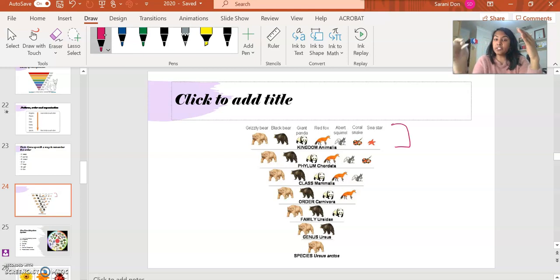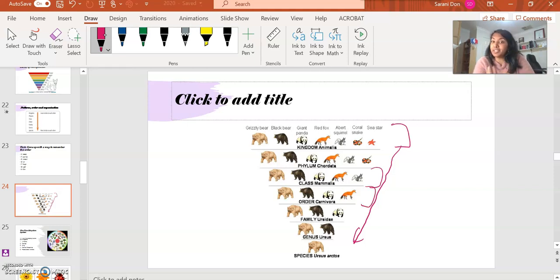As you go further and further down, do you notice that it's becoming more and more specific in terms of animals that have similarities with them? For example, the starfish and the snake are the first to disappear, because the grizzly bear, black bear, and giant panda seem more similar than the others. So it goes to kingdom Animalia, phylum Chordata, class Mammalia, which I think you know means mammals.